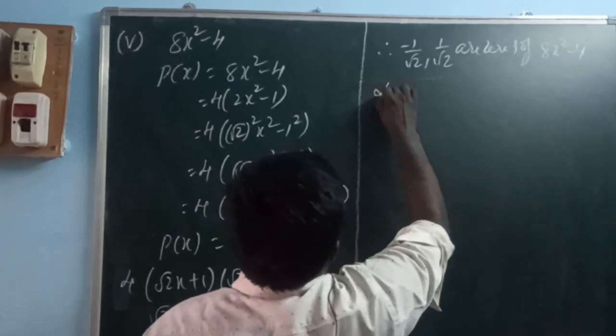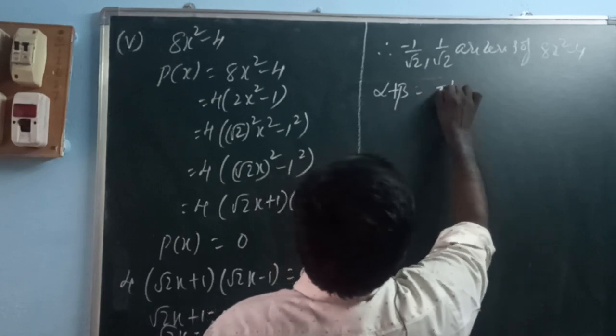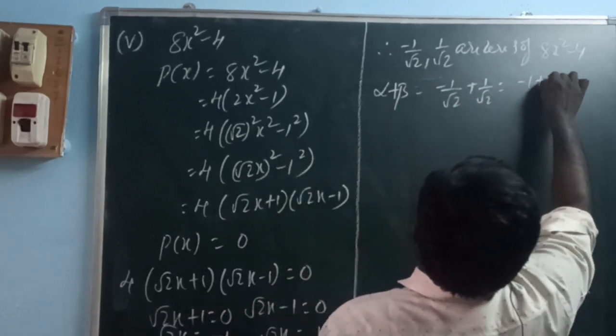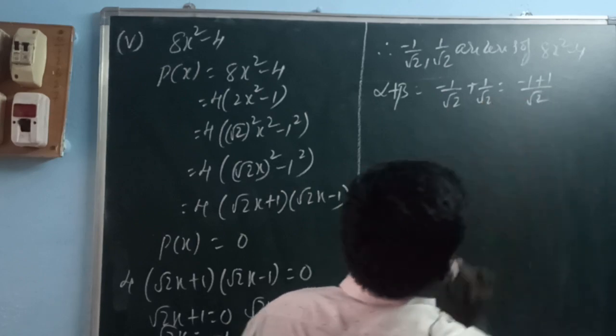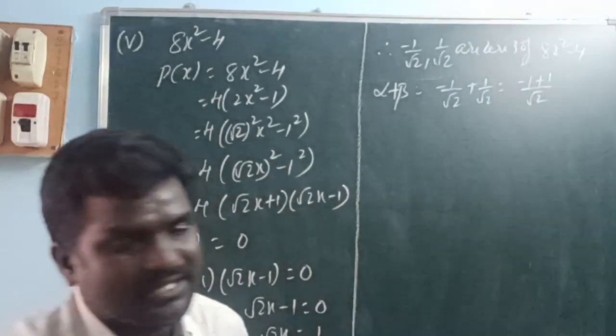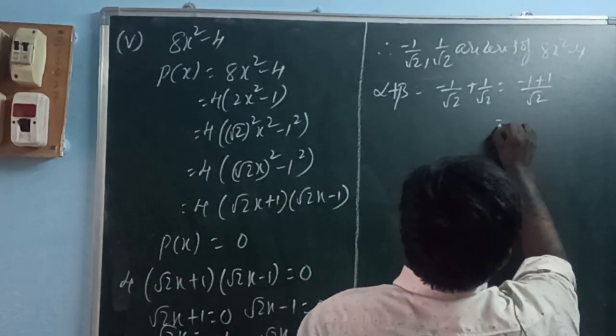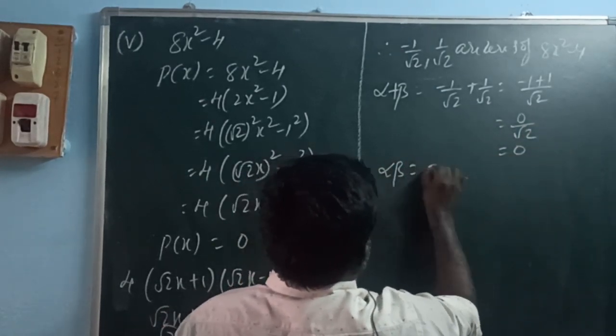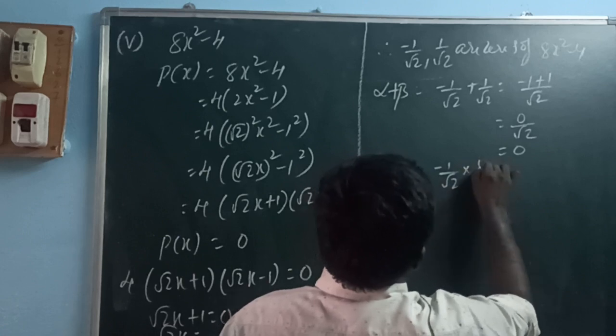So sum of zeros: alpha plus beta is minus 1 by root 2 plus 1 by root 2. So here minus 1 plus 1 by root 2, these two are like fractions, write the common denominator. So minus 1 plus 1, that is 0 by root 2, 0 by anything is 0.